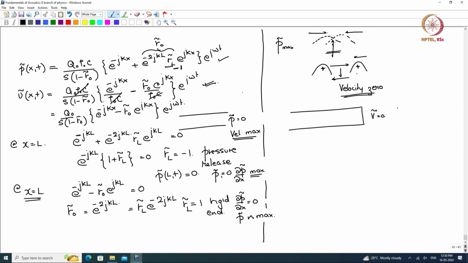Okay, and what is velocity in the harmonic sense? del p tilde by del x equals minus j omega rho 0 v tilde. So if v tilde is 0, then del p by del x is 0. So here del p by del x is 0.